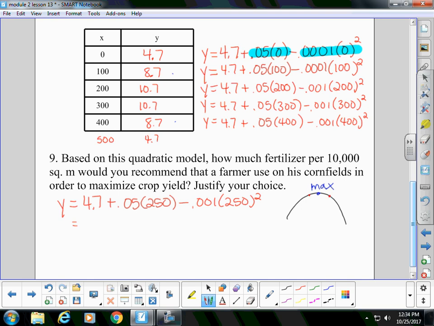So that's like the 10.7, 10.7, and then it starts to go down a little bit, 8.7, 8.7, and then 4.7, 4.7. So right here in the middle would be the maximum, which is apparently at the 250, halfway between the 200 and 300 that gave the 10.7s.